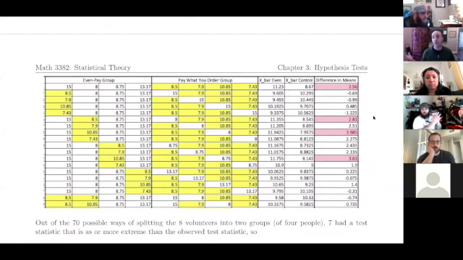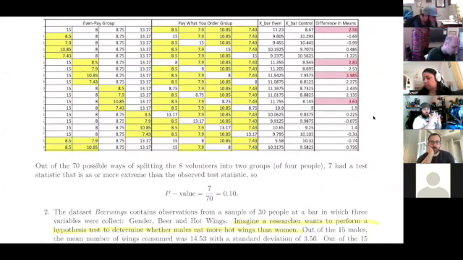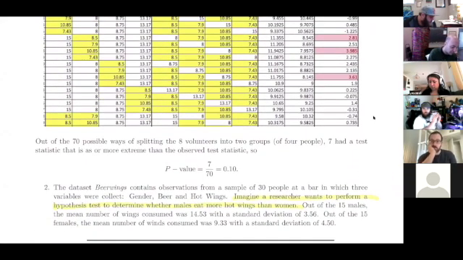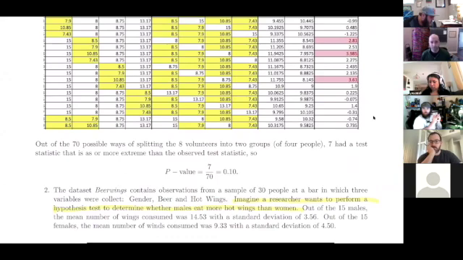We can take a look at all of the possible ways that we could have divided these people up. Out of all of those ways, we found that there were 7 just as extreme or more extreme. So that gave us a p-value of 7 out of 70, and then we got to make sense of that 0.1.